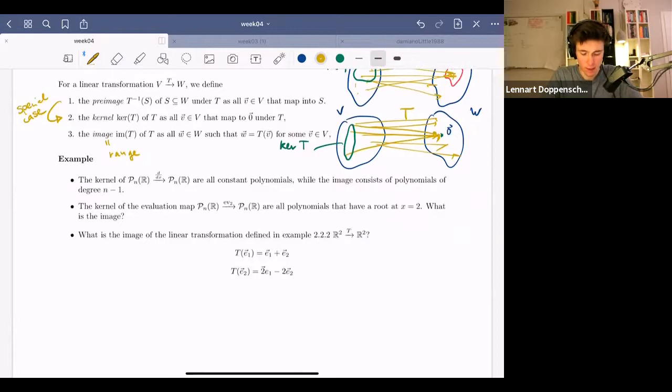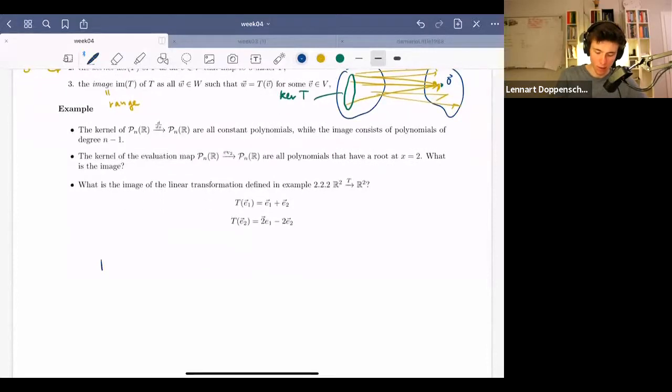And let's look at the kernel and the images of some transformations that we've seen so far. We've seen the derivative on polynomials. And by definition, the kernel is just the ones that get sent to 0. Which polynomials get sent to 0? Well, if d/dx of p(x) is 0, this means p(x) is some constant.